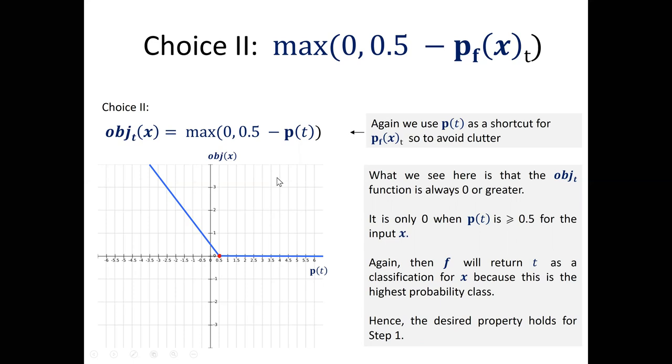And so what you see here is that the objective function is always 0 or greater, right? And it stays at 0 as soon as the probability that the model f classifies x to t is 0.5 or greater, so it will get classified to t by the model f. At that point, the function becomes 0. Here is the right side of the function.